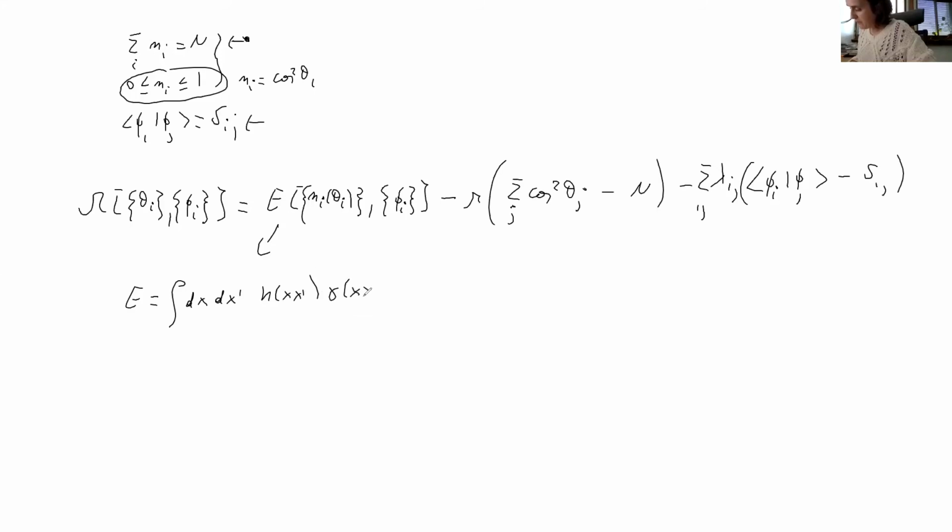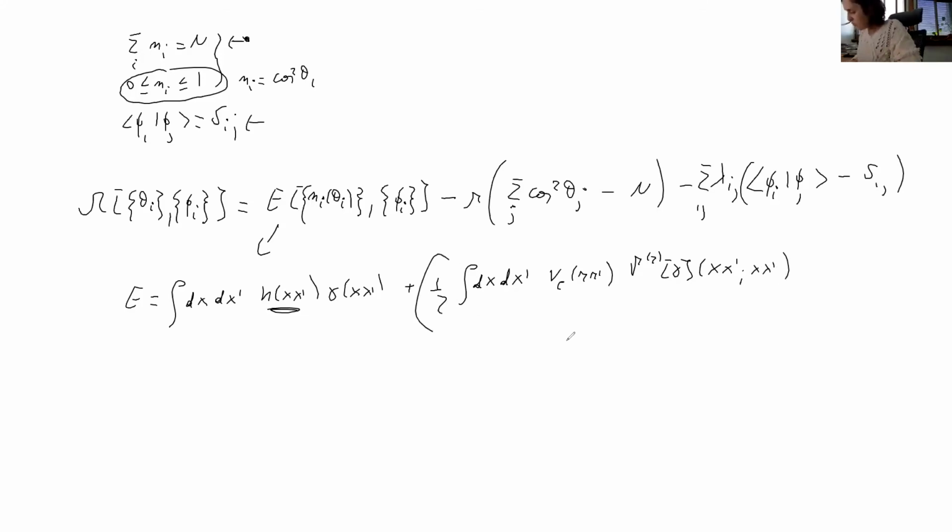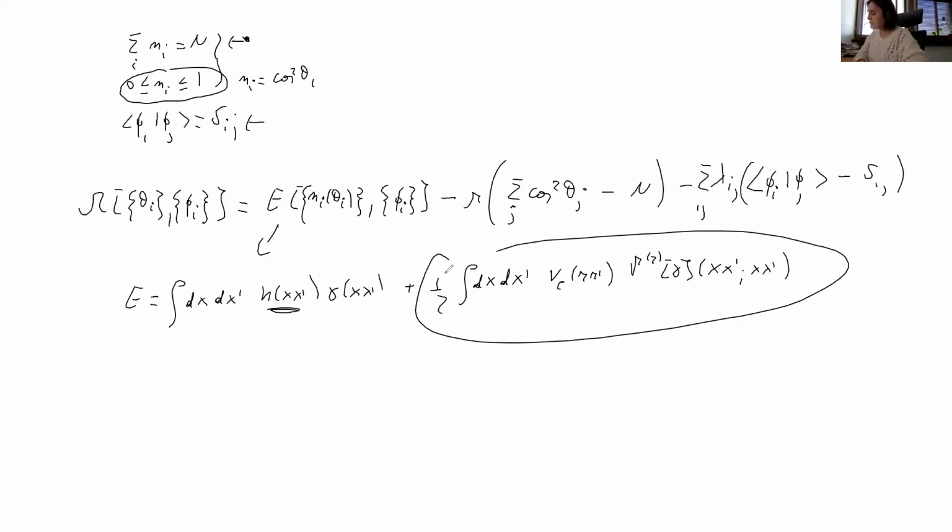I don't have to explain anymore what this is: kinetic energy, external potential, plus this other part, the Coulomb potential, you remember. Now we know that gamma 2 is a functional of gamma because of the Hohenberg-Kohn theorem. So the question is, how do we find approximations to this? This is what I've written before, the same thing, just different notation.